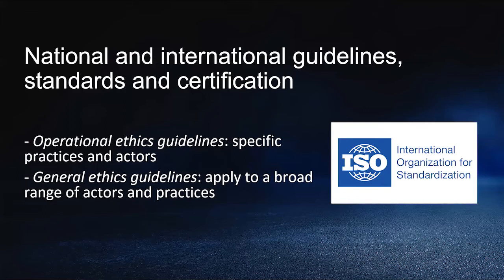And now also ISO, the International Organization for Standardization, in their program on trustworthy AI, they are also developing various kinds of ethics standards and technical standards that incorporate ethical criteria. So that's also currently in full development. And CEN, the European Standards Organization, is now also considering developing ethics standards for AI.